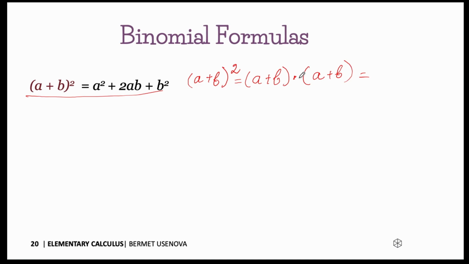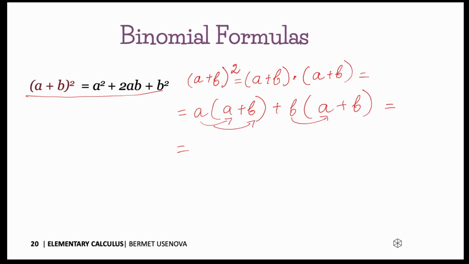By using the distributivity property, we can also rewrite it as a multiplied by (a + b) plus b multiplied by (a + b). And then we use the distributivity property again, and we multiply them both here and b here.